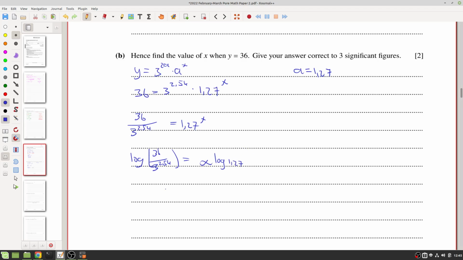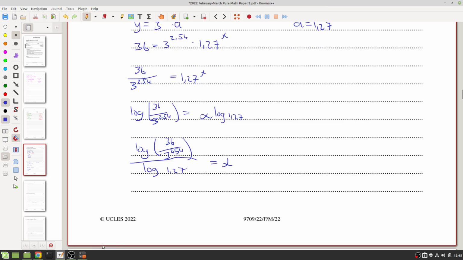Then divide both sides by log 1.27. That gives us log of 36 over 3 to the power 2.54, all of that divided by log 1.27, and that is equal to x.